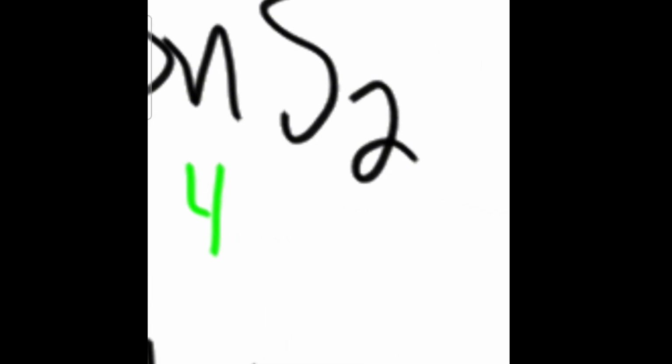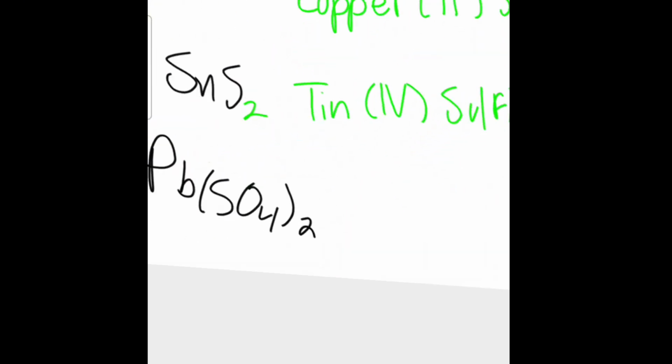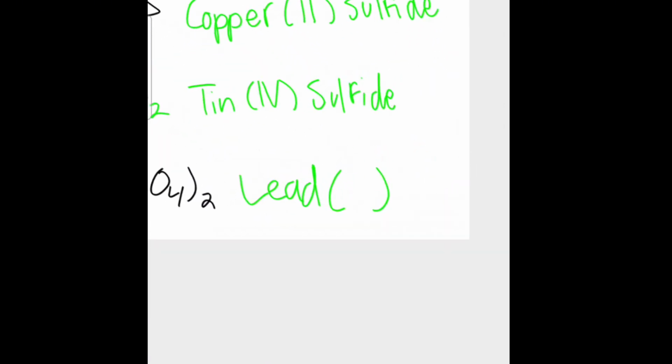So in this case, Sn, or tin, is 4, and sulfur is 2, because if you switch the charges, it would be 2 and 4, but because there is no 2 here, and there's no 4 here, you're going to reduce it, divide by 2, which is now 1 and 2, which is the original equation. Okay, Pb we know as lead. And we know SO4 is sulfate.